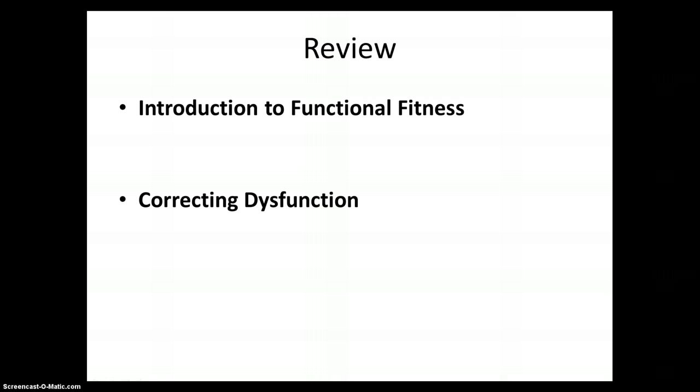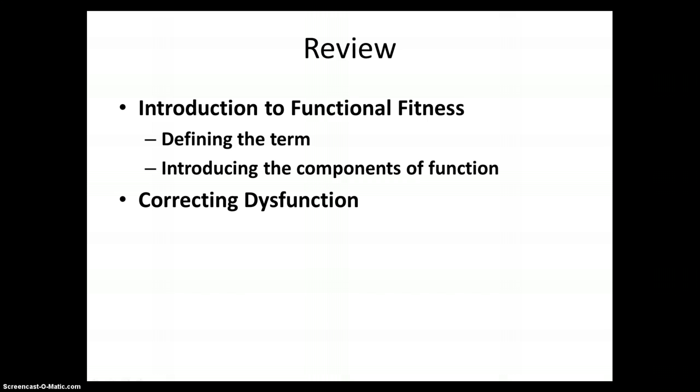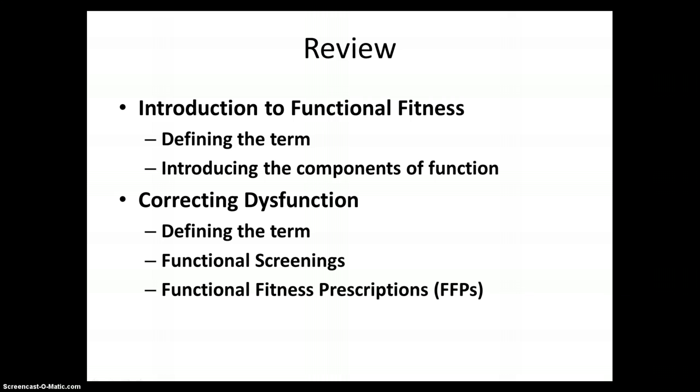So, in review, we discussed the introduction to functional fitness. We defined the term and the 4 key components of mobility, stability, strength, and dynamic movement. As it comes to correcting dysfunction, we again defined the term, and that is the absence of mobility, stability, strength, and dynamic movement.